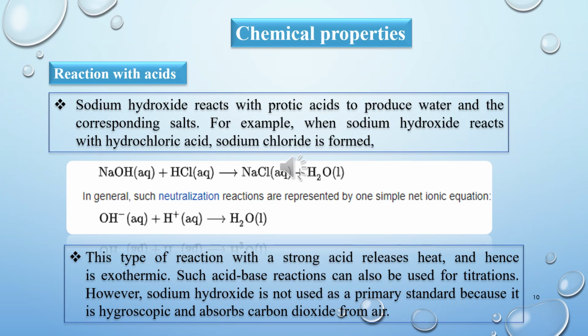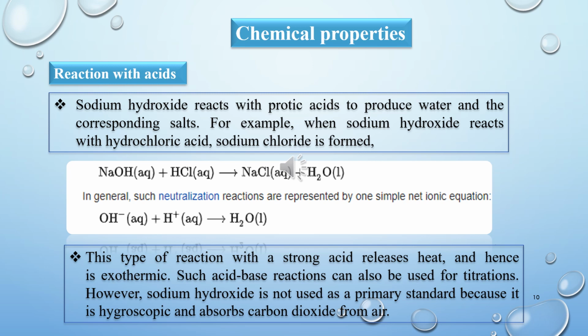Dear students, after the discussion of sodium hydroxide production, now we are going to discuss its chemical properties. Here we will see how sodium hydroxide reacts with acids, acid oxides, metals, metal oxides and precipitants.